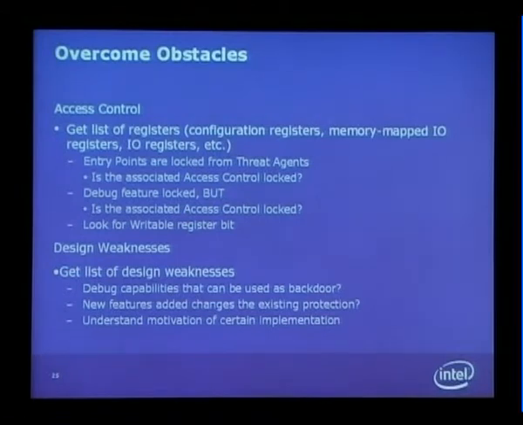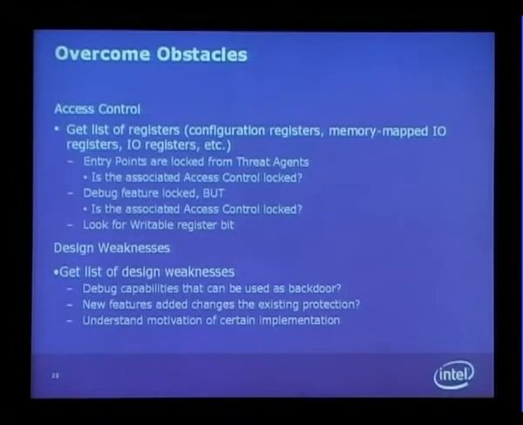The other thing that we want to look at is the design weaknesses. We want to get the list of design weaknesses. We want to know the motivation for the designer to implement the design in such a way. Sometimes they may design it that way due to cost, because they already have a design and they want to add a feature. They may not want to redo the whole design, so they find the way that is easiest to implement.